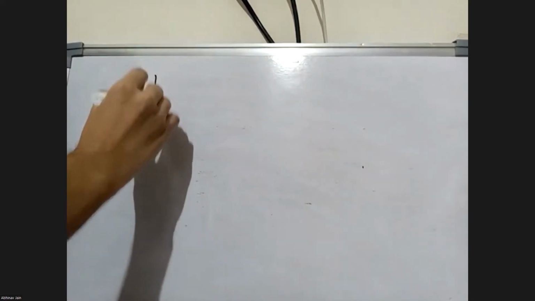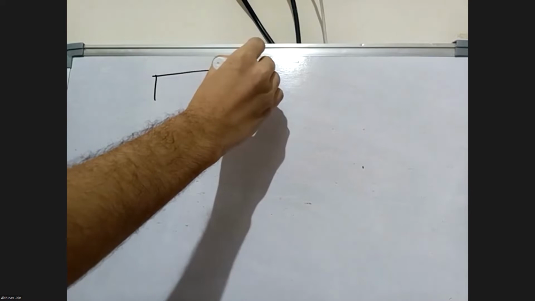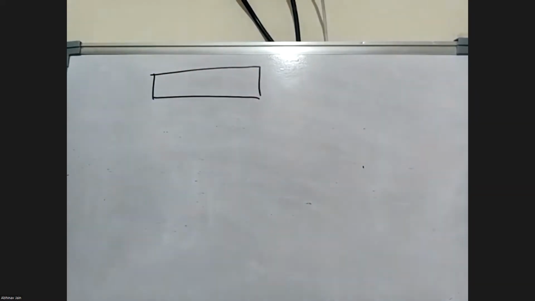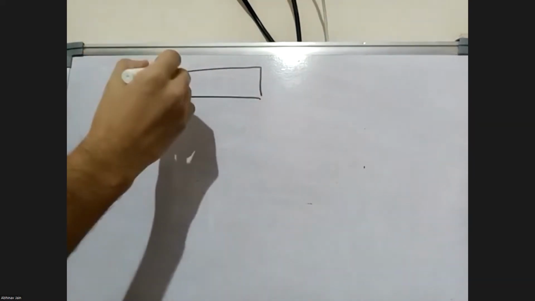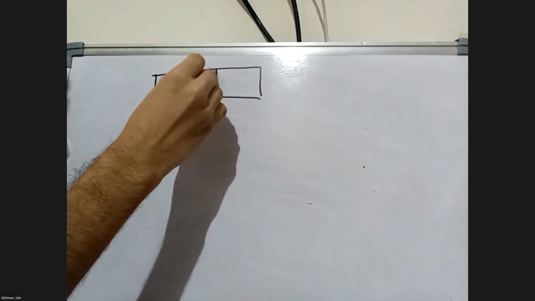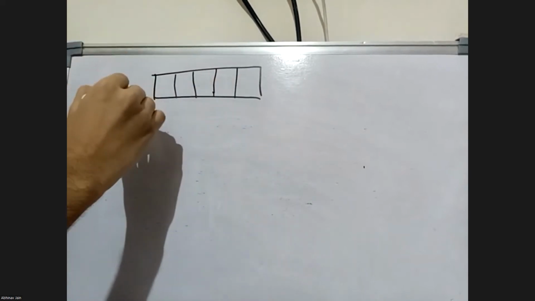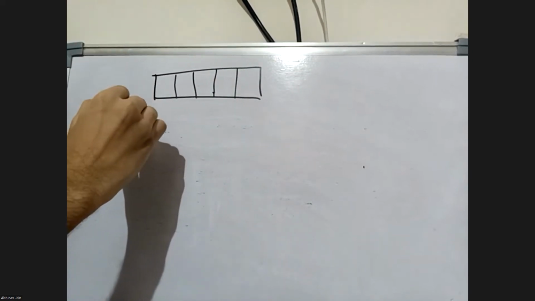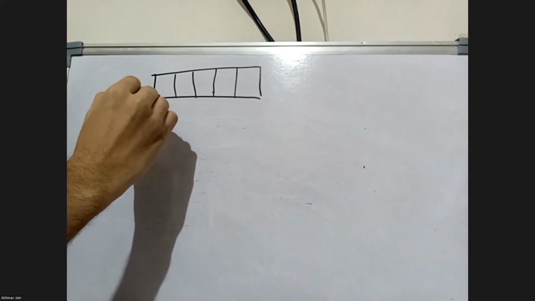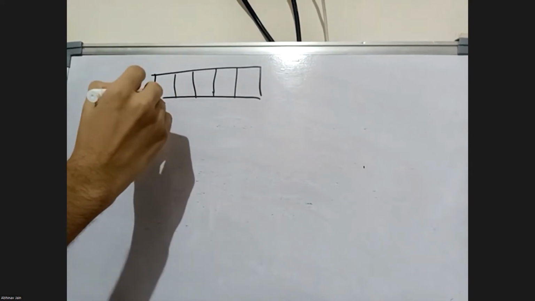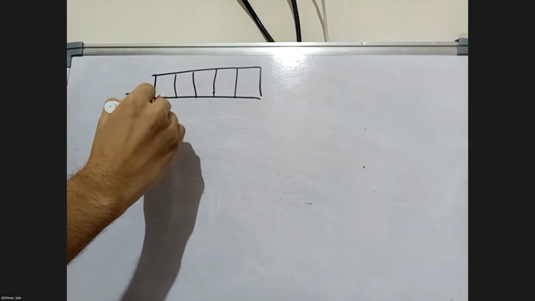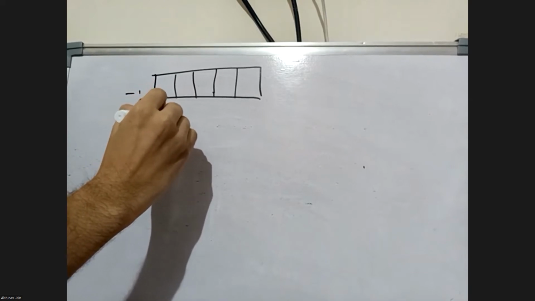Okay, so let's understand what a circular queue is. Let's see first what a queue is. In a queue we have two pointers. One is the rear, which starts from -1, and then the front, which starts from 0.